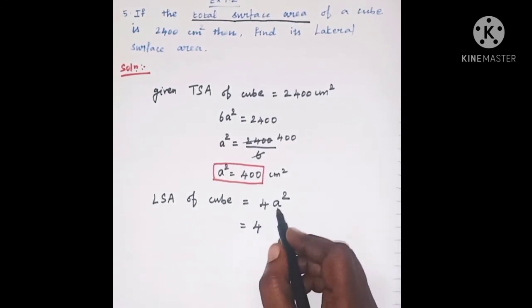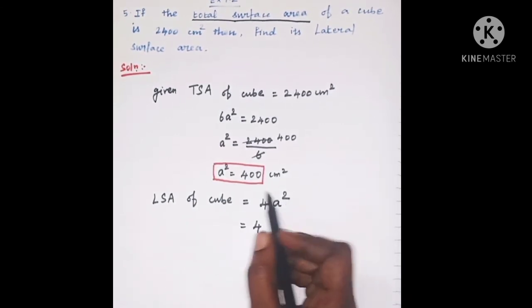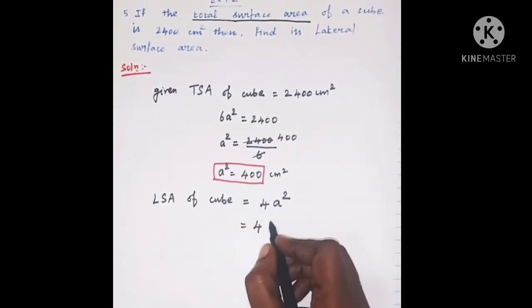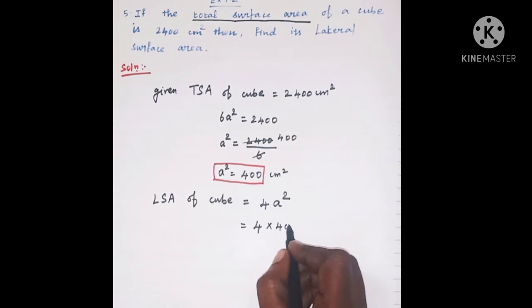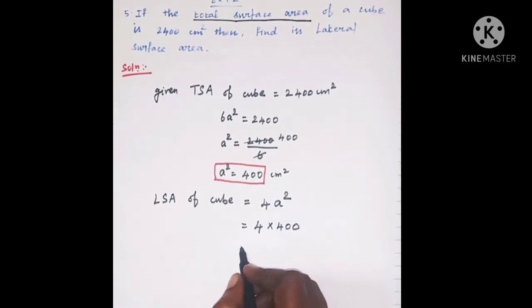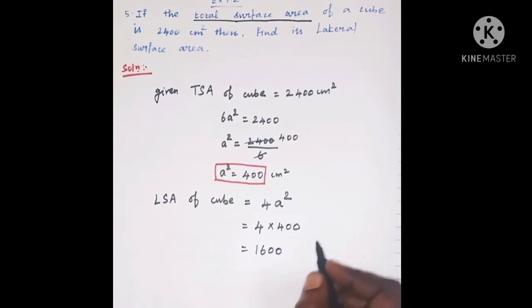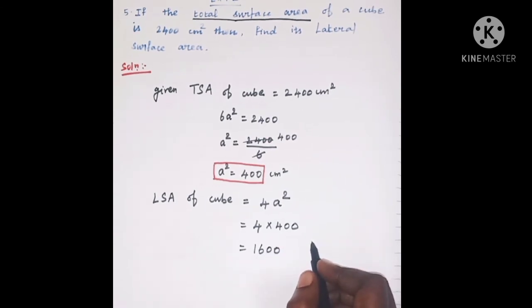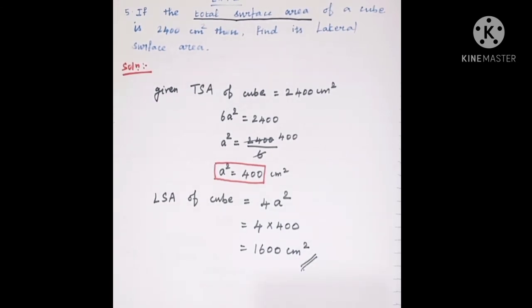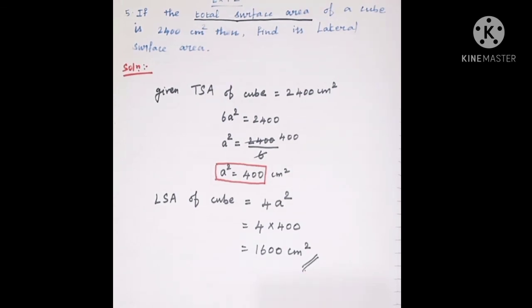Write 4 as it is, and the value of a square is 400. So substitute the value of a square. 4 into 400 is 1600, isn't it? So the lateral surface area of the cube is equal to 1600 centimeter square.